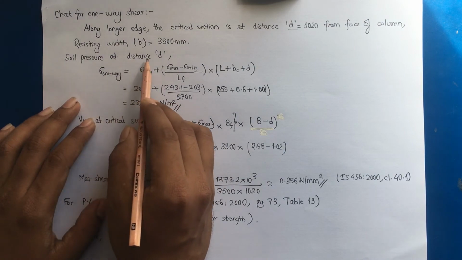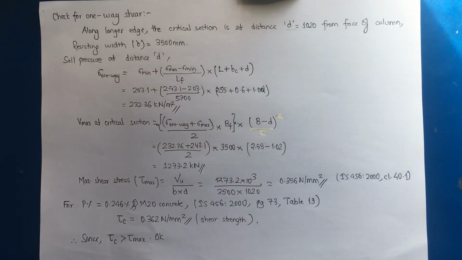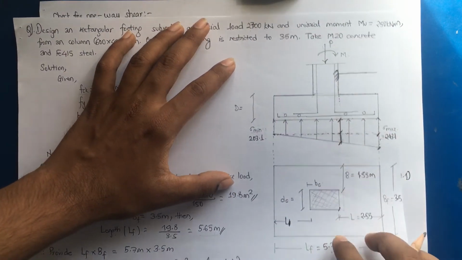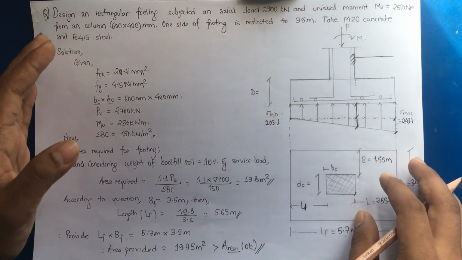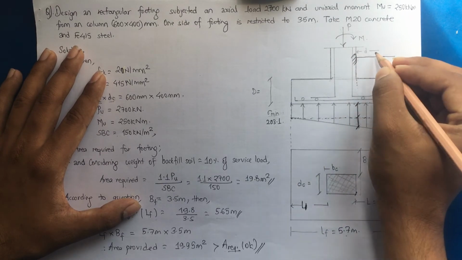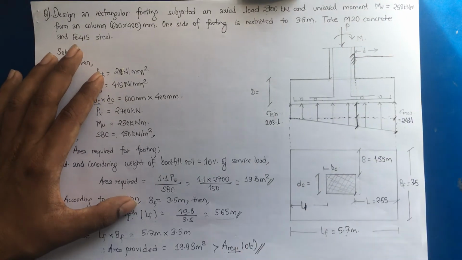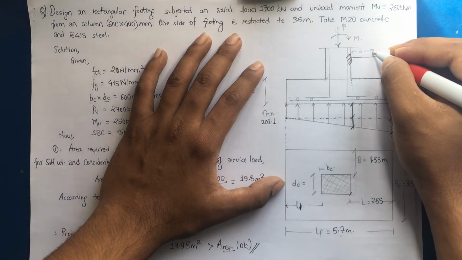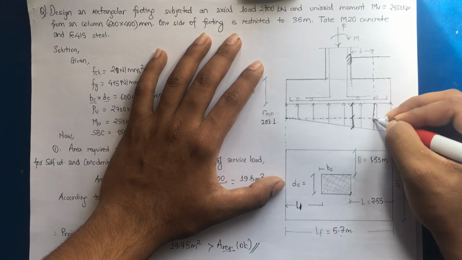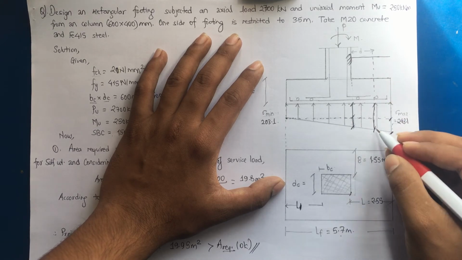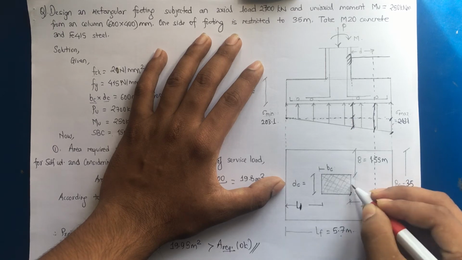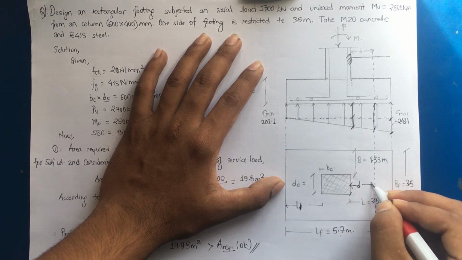And swell pressure at distance D, as I have said, the critical section for one-way shear is at a distance D from the face of the column, so we have to find the swell pressure at this distance.